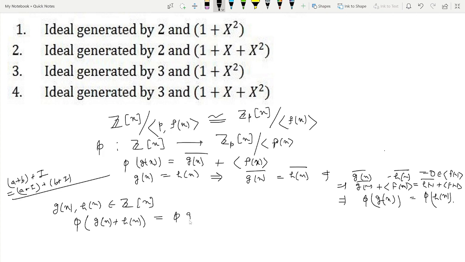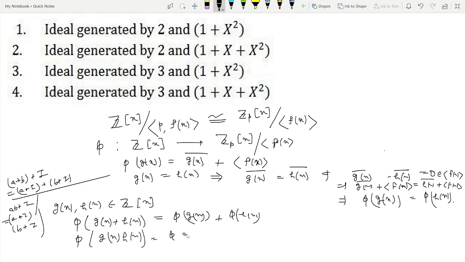So this will be phi g(x) plus phi h(x), and using that, it can also be proved that phi of g(x)h(x) equals phi g(x) into phi h(x).